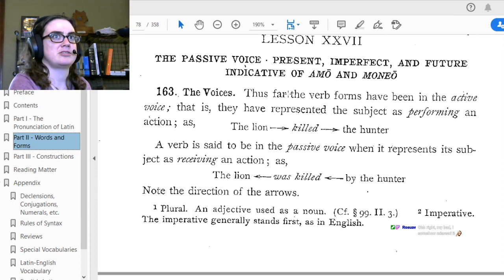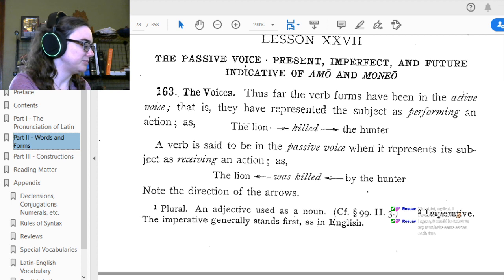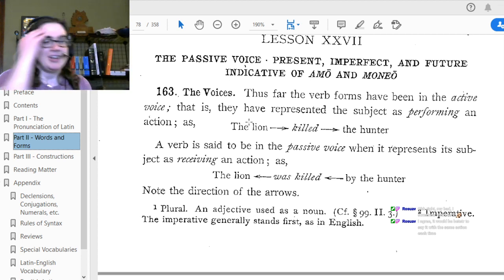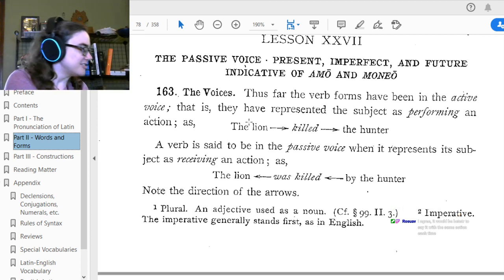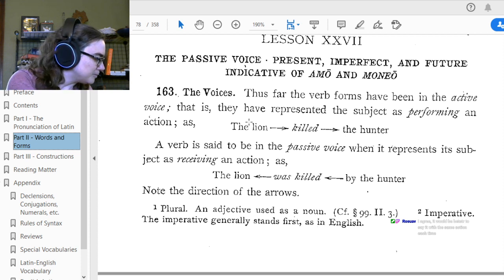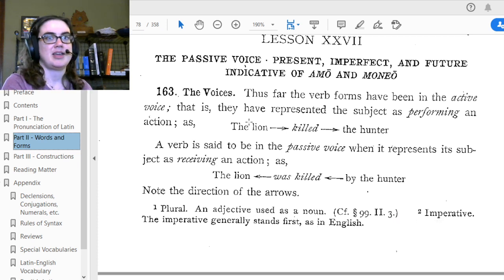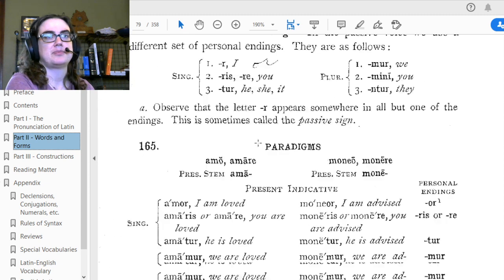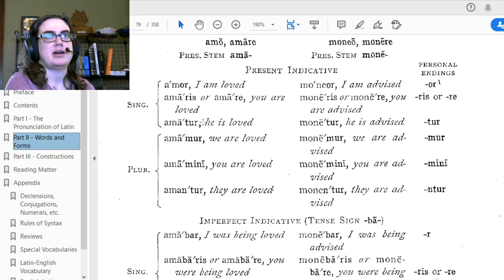So now we need the hunter is killed by the lion. Whew. I was kind of talking myself in circles for a moment too. But whatever. I think we get the point at least.